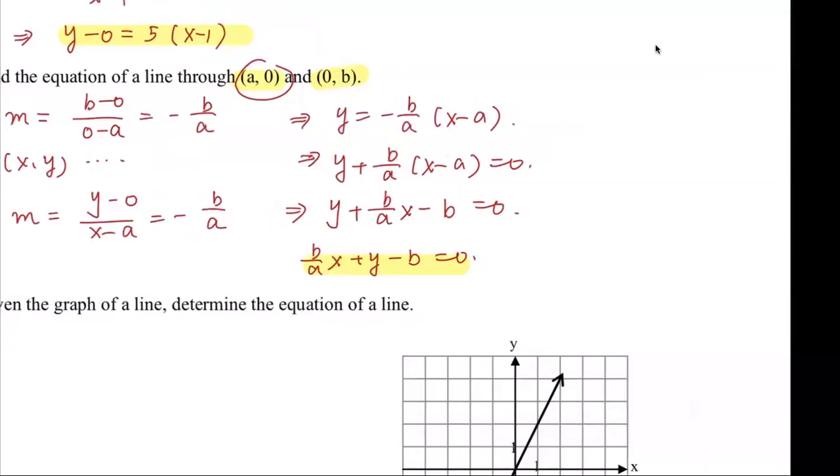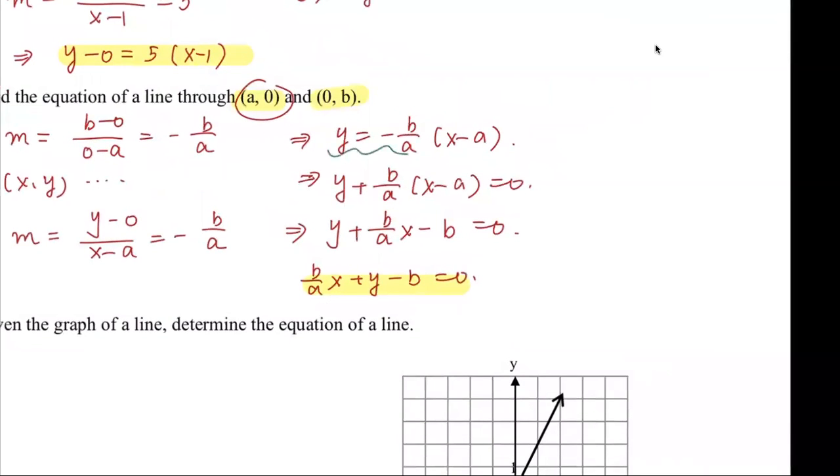Now let me show you from this step, if we don't move everything to the left, and instead just open the brackets, what will we get? That will be minus b over a x, minus b over a times a, right?